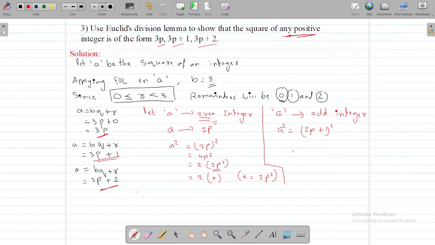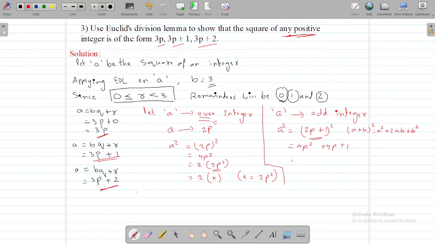So this is in the form of a plus b whole square, which is nothing but a square plus 2ab plus b square. So I will be getting the form 4p square plus 4p plus 1.